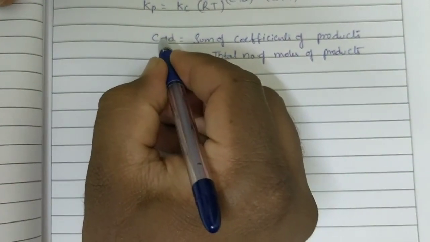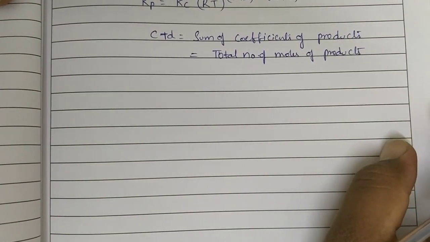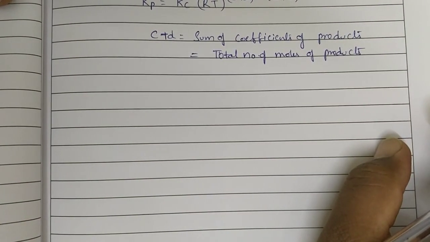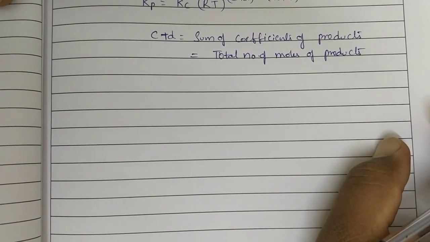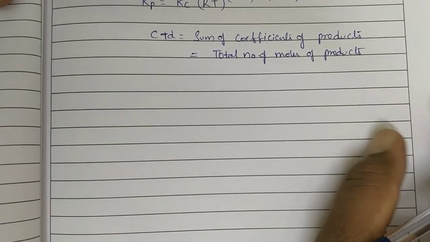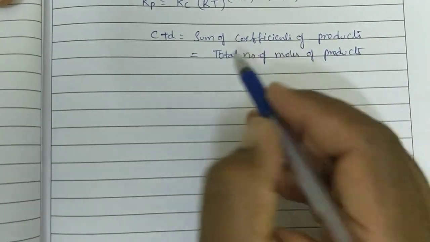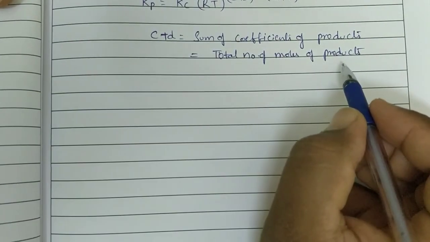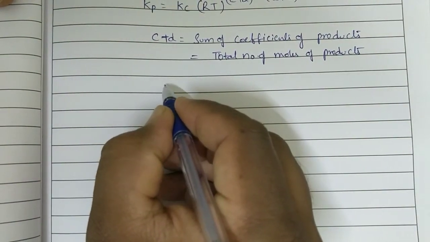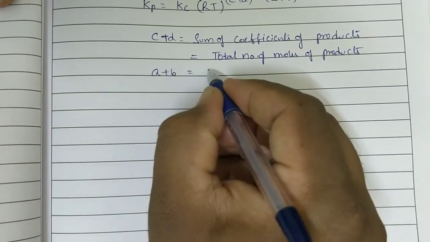Is it correct or not? c is the coefficient of capital C, small d is the coefficient of capital D. Those stoichiometric coefficients are nothing but the number of moles of C and D respectively. So their sum is the sum of coefficients of products, which is equal to the total number of moles of products.